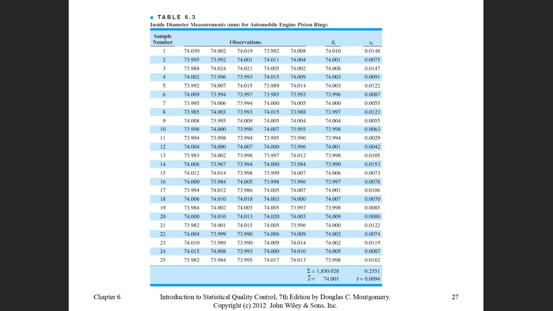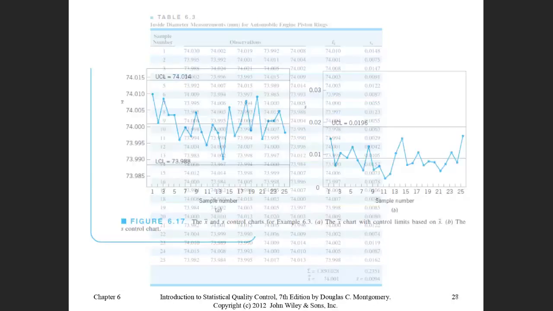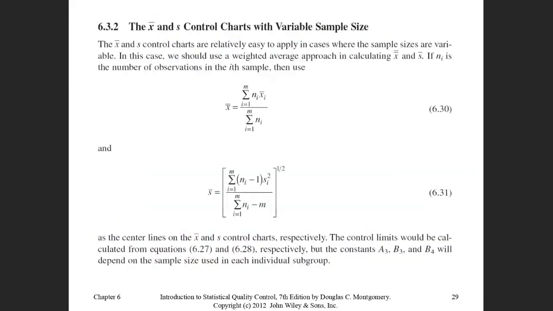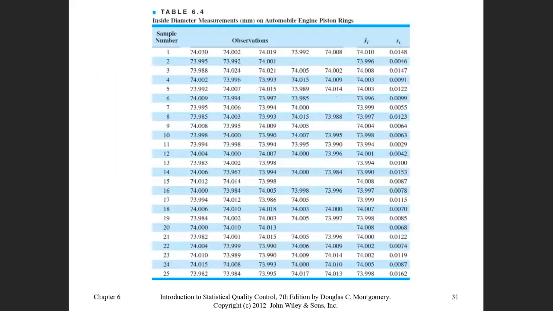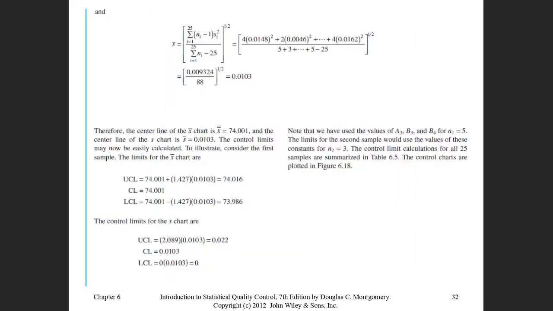So every time the average will be calculated differently, as well as the standard deviation. The average and standard deviation center line, or S chart center line, will be calculated accordingly, the same way as we did, using the sample size of each reading.